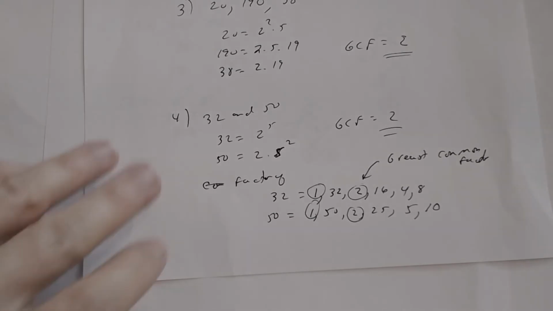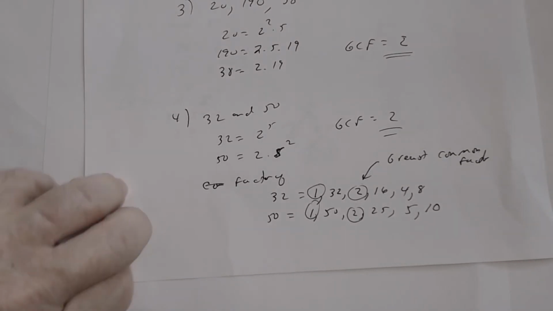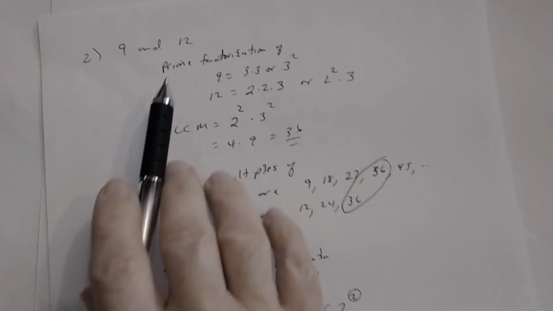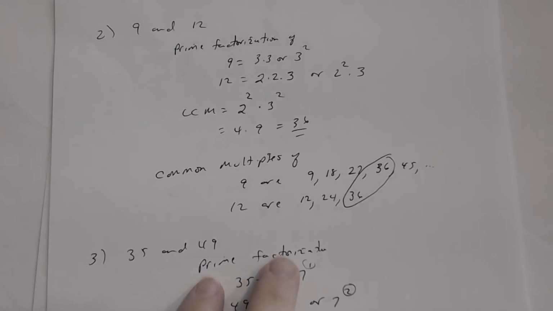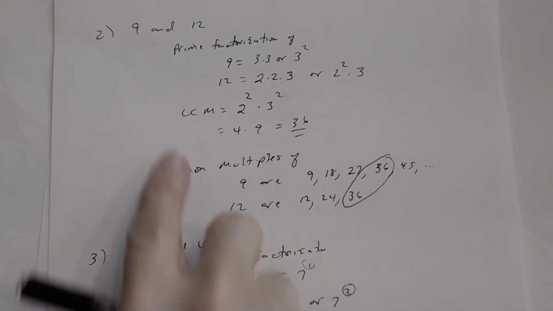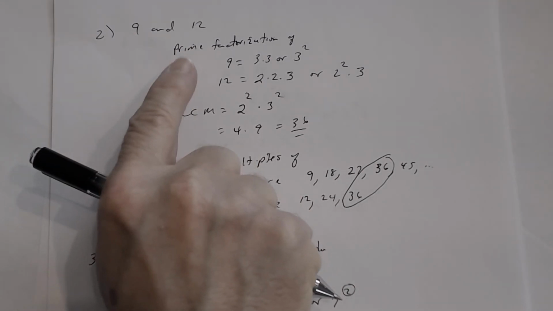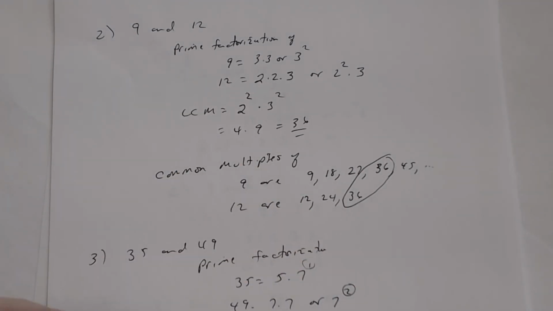Now, in this lesson, all we did, if you go back, was look at finding the least common multiple of numbers. In the next lesson, we're going to include variables. So this lesson and the next lesson go together.